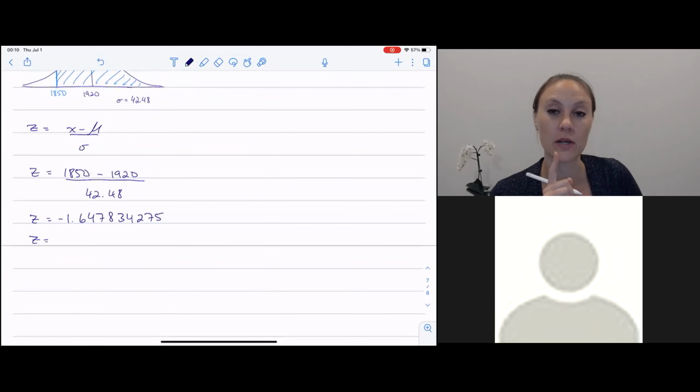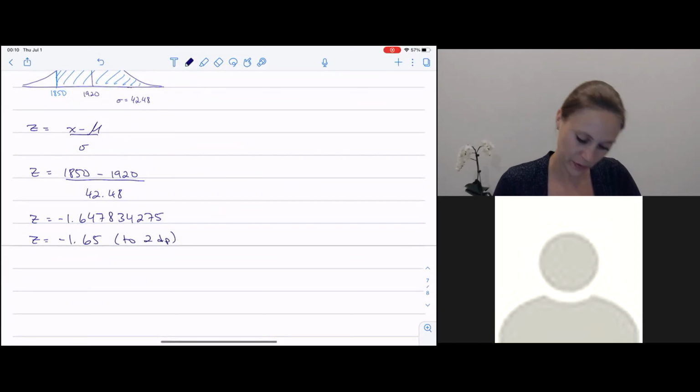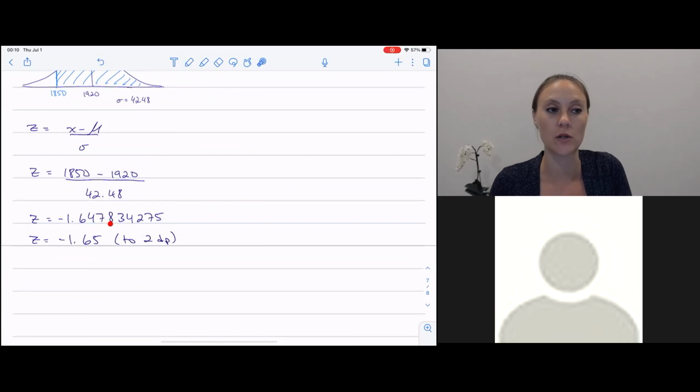Z, remember, is always rounded to 2 decimal places because that's how many we have in the table. And so Z is negative 1.65 to 2 decimal places, right? And if you need to brush up on your rounding, it's because 4 was followed by a value larger than or equal to 5, and so that's why we rounded up.